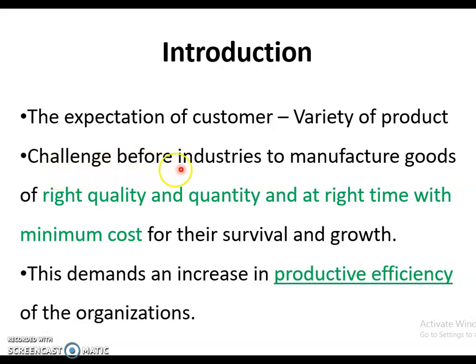This has been the challenge before all industries since a long time: to manufacture goods of right quality and quantity and at the right time with the minimum cost for their survival and growth. So this demands an increase in the production efficiency of the organizations. Our focus will be on the scope and responsibility of the production engineer here.